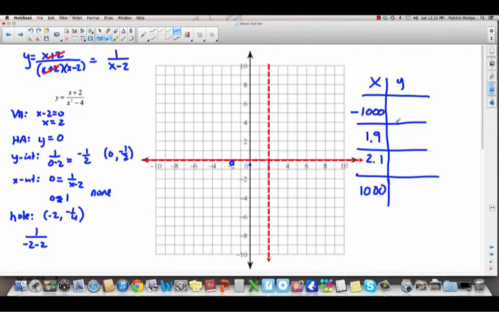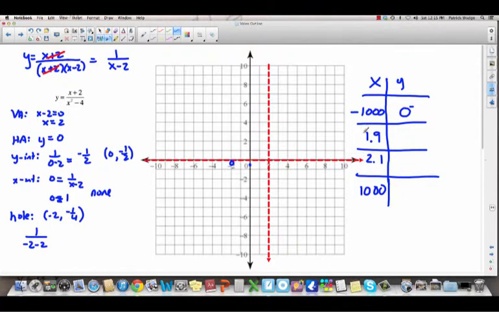Now, I don't think I'm going to bore you by taking the calculator out, but basically what I'm doing is plugging all these numbers into this x here. So 1 divided by negative 1,000 take away 2, and when you do that, you're going to get something very, very small, and it's going to be negative. So it's just a little bit smaller than 0. The way we can write that, just to represent it, is 0 with a negative sign.